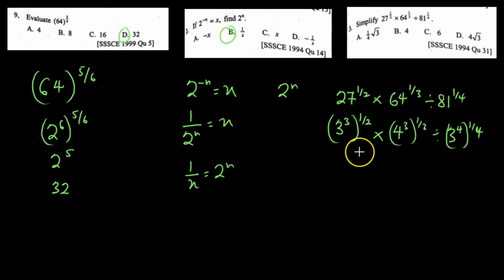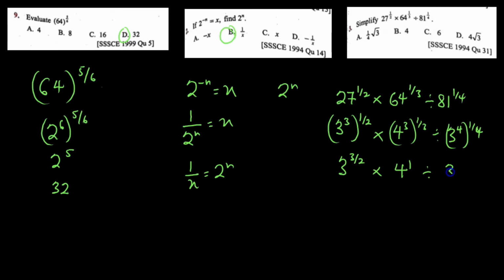So we have some of them having the exponential law coming on board. So 3 to the power 3 times 1/2 will give us 3 to the power 3/2, times 4 to the power 3 all raised to the power 1/3 will give us 4, because 3 times 1/3 is going to be left with 1. So we have 4 to the power 1, divided by 3 to the power 4 raised to the power 1/4.